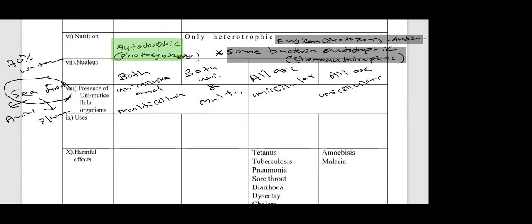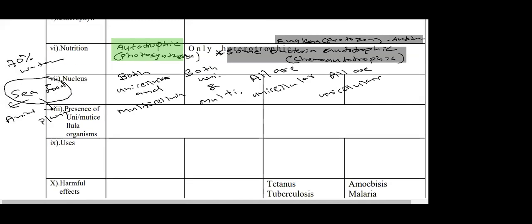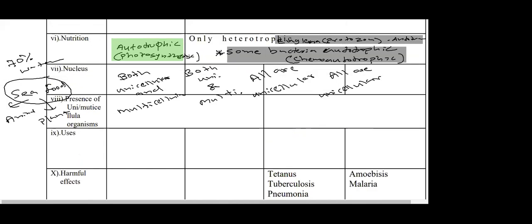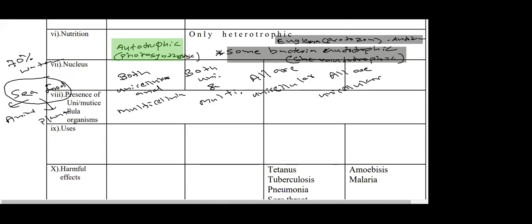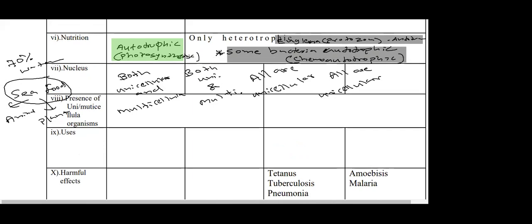I think nucleus we couldn't do. Sorry about that. Nucleus we have to discuss. Nutrition we discussed, but not the nucleus, I think. Can you complete the nucleus one also? I forgot that, sorry.